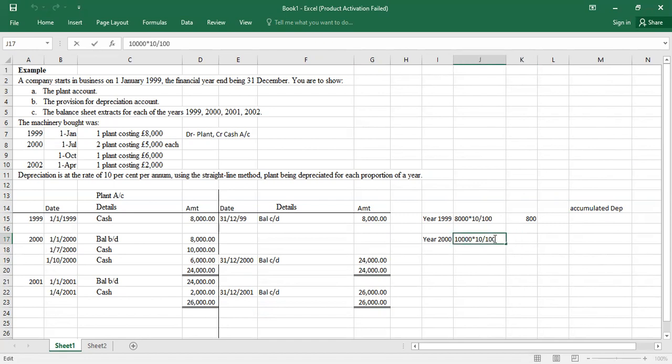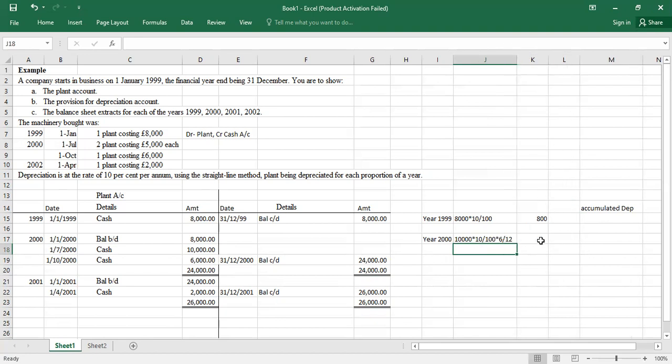It is bought on 1st July, so it is like half a year, because we have 6 months to end the year. So kindly note that. This will give me 1,000 divided by 2, that is 500, right?